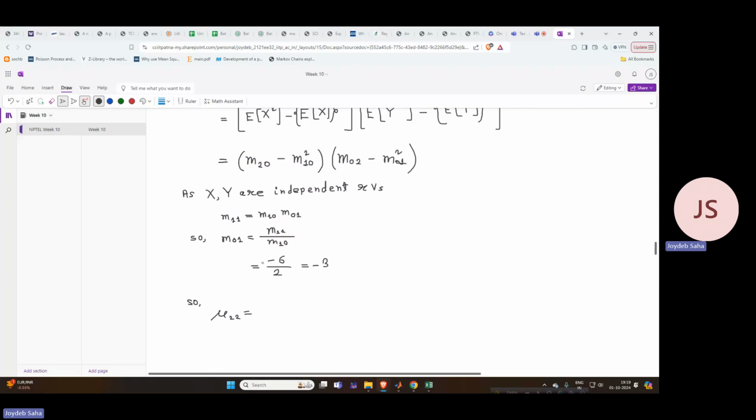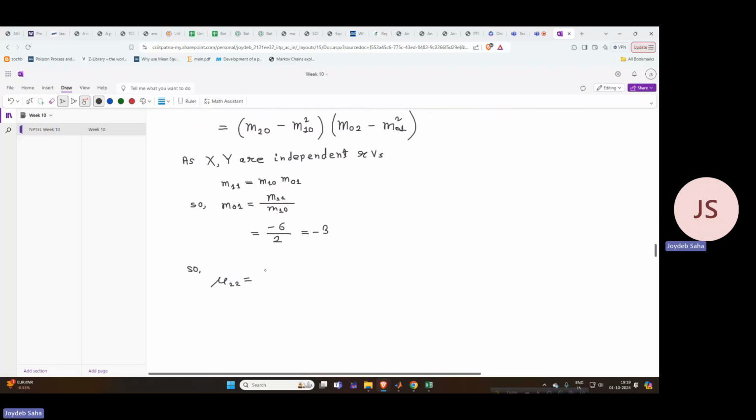So mu22 is, we have M20 minus M10 square multiplied with M02 minus M01 square.